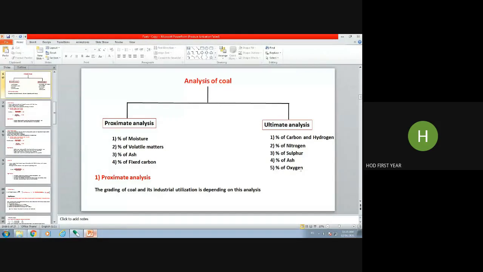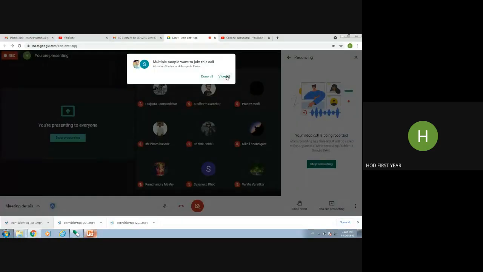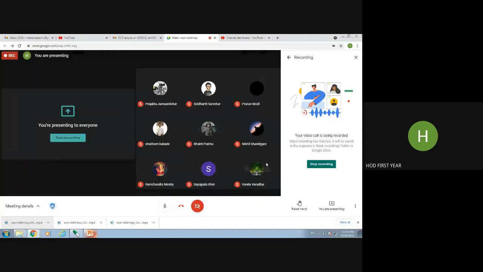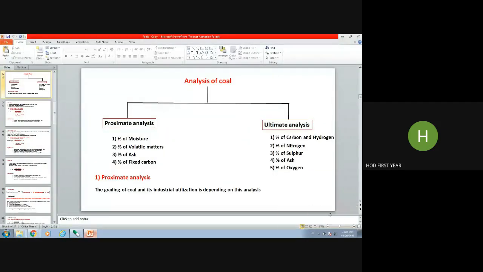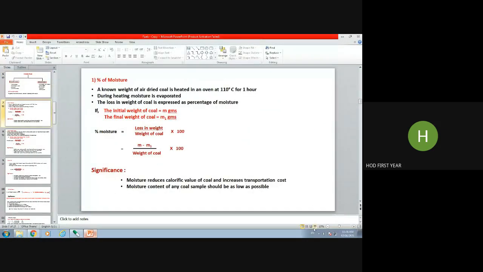That is percentage of oxygen. Okay, there is no experiment required to be performed for oxygen. So this is the ultimate analysis. Let us see how to get it done.